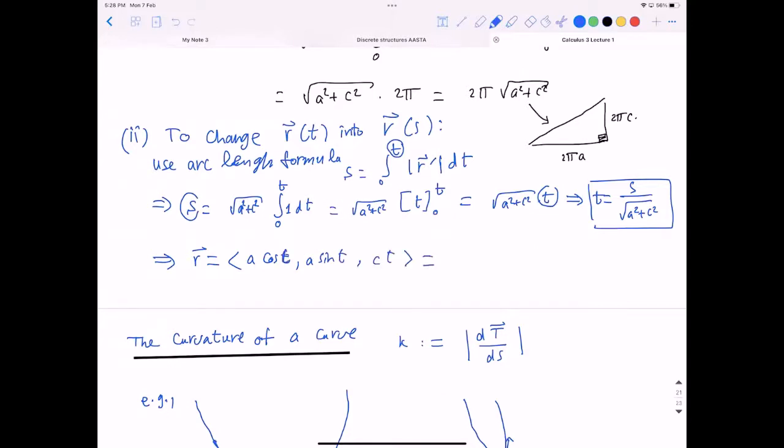Change every t here into its value in terms of s. So it is a cosine of s over the root, a sine of s over this root, and c times s over the square root of a square plus c square. This parameterization is called the canonical parameterization of the curve because it depends on an important property of the curve, which is its length. This is the end of the solution.